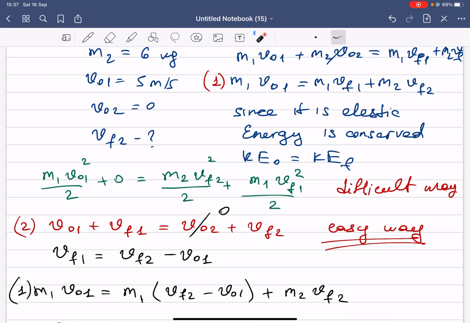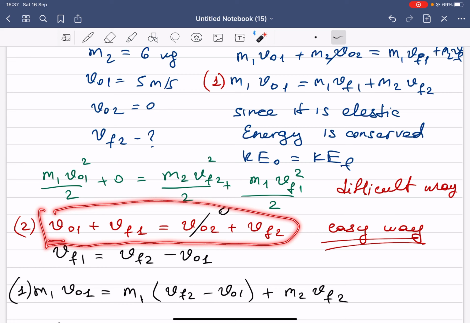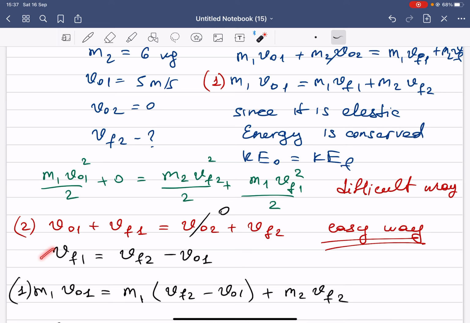So from the second equation you can find V final 1, which is equal to V final 2 minus V initial 1. Then you can take this V final 1 and plug it into the first equation here.